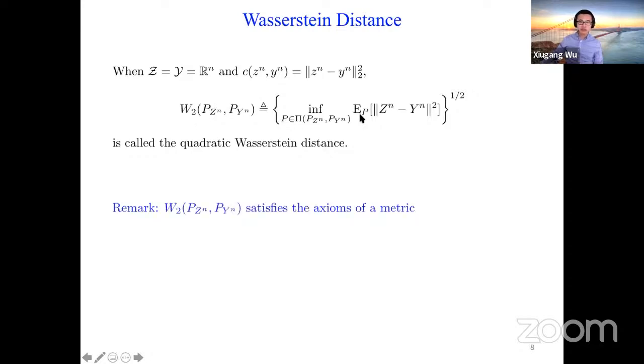And indeed, it's easy to verify that this quantity W2 between P_Z^n and P_Y^n satisfies all the axioms of a distance metric, and therefore it defines a distance metric on the space of all the distributions P_Z^n and P_Y^n in the n-dimensional Euclidean space.